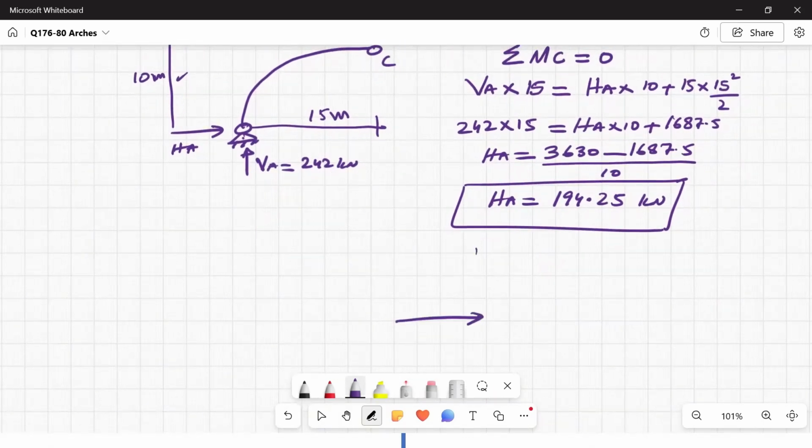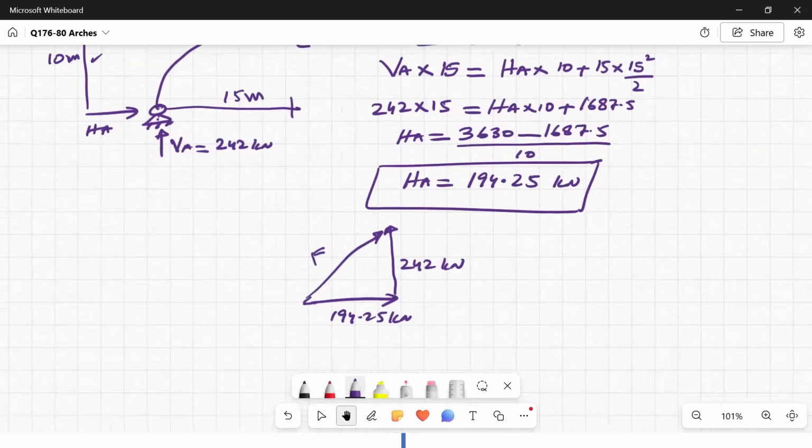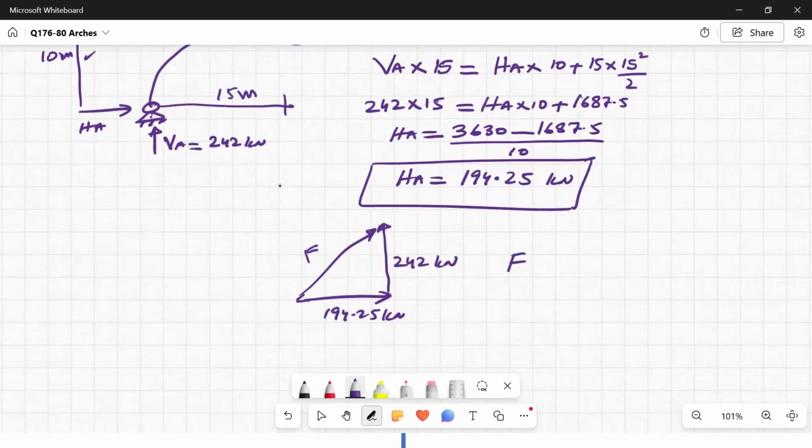Once I've got the value of HA, then I can simply find out the thrust. So I have HA, I have VA, then this is the force I am interested in. VA is 242 kilonewton, HA is 194.25 kilonewton, and I'm interested in F. So F squared will be equal to 194.25 squared plus 242 squared.